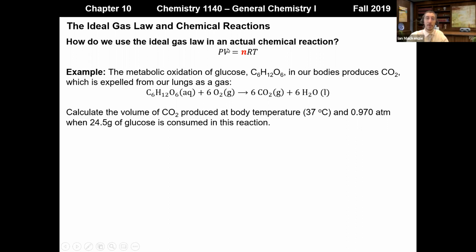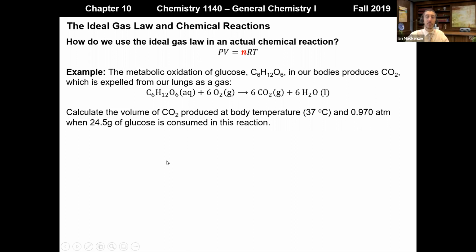We're asked about volume. We can't directly get volume from the chemical equation, but what the chemical equation does allow us to calculate is the number of moles of CO2. So if we do normal calculations to find the number of moles of CO2, then that will get us N, which we can then substitute into the ideal gas law. So let's go through that process.